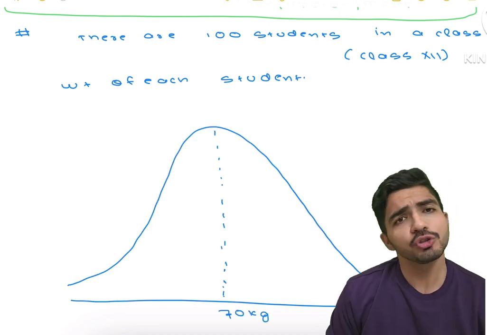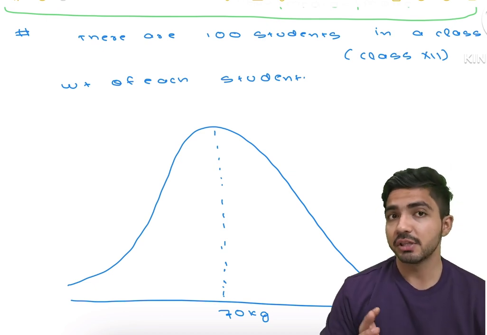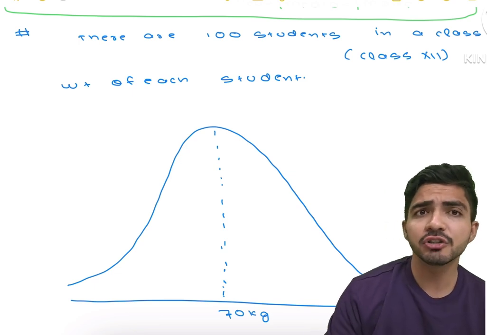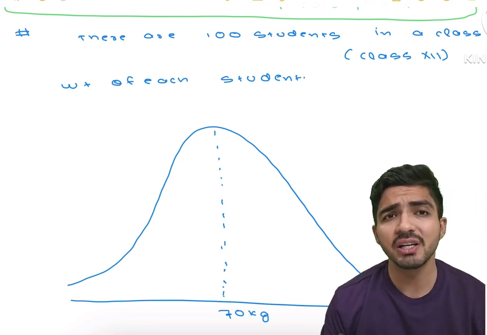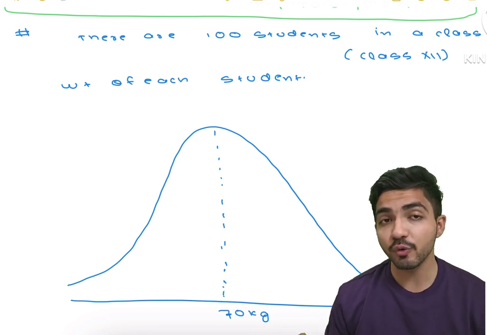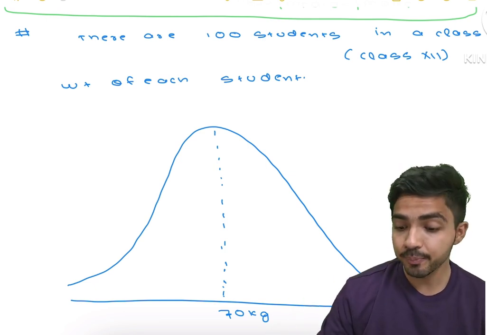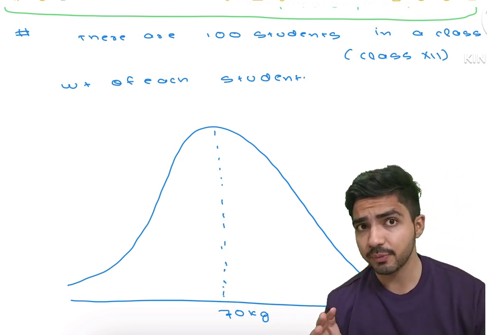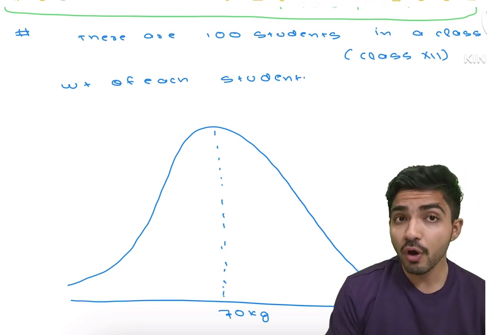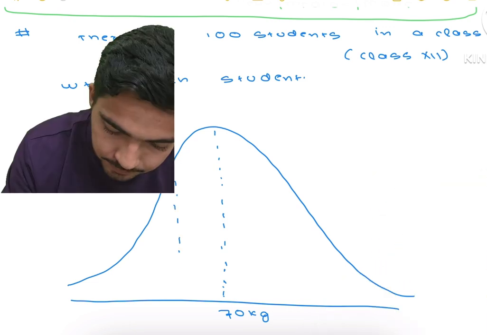So let us suppose the mean weight comes out to be 70 kilogram, but there were some students whose weight was very less, in the range of 30 kilogram, 40 kilogram, and some students were overweight, with weight more than 100, 110, but their number was very less. So the maximum students fall in the range of 50 to 90, as you can see.